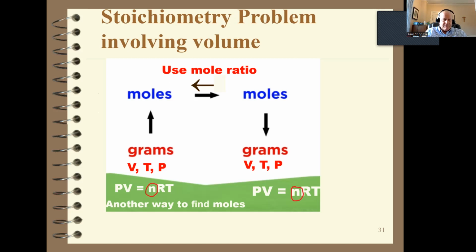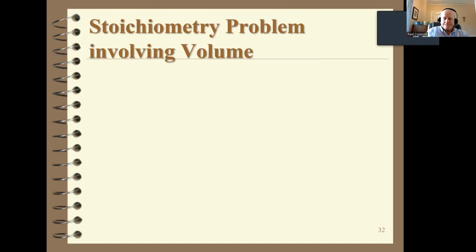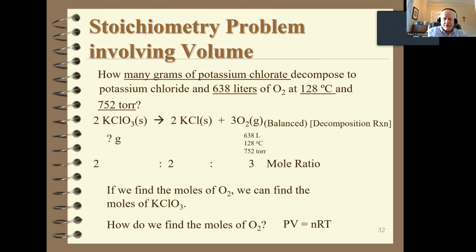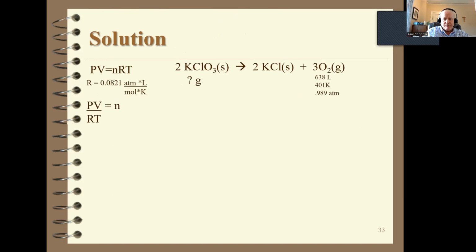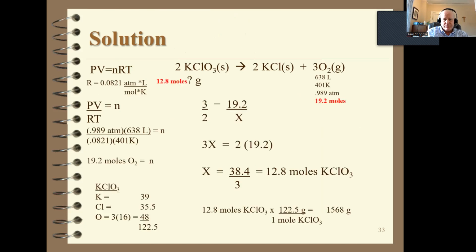Now, another way, using PV equals nRT, you can find the number of moles and then proceed with the problem as usual. So on slides 32 and 33, I go through a problem. You should look that over and make sure you understand it.